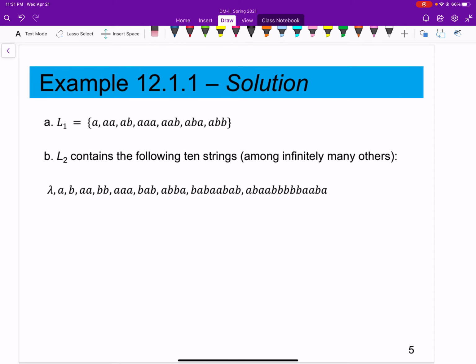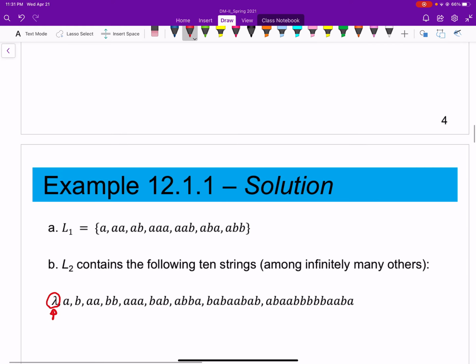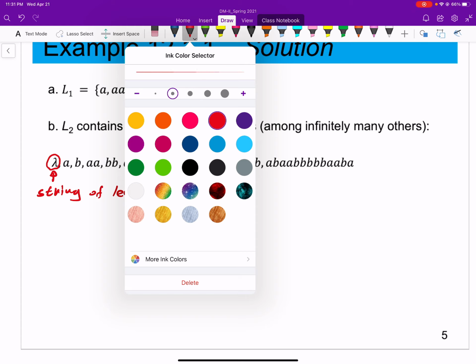I just write lambda as the first element, which is the string of length 0. That means no string here.